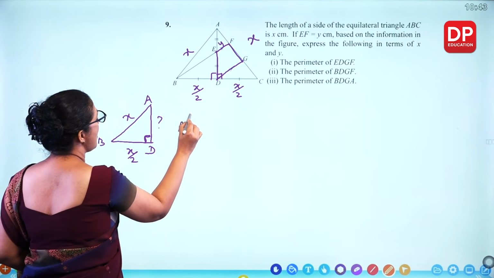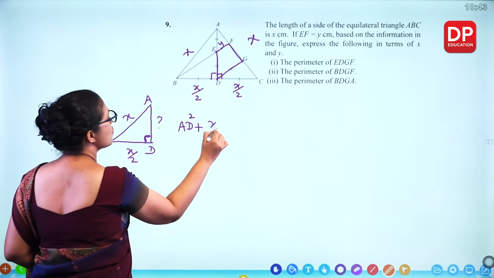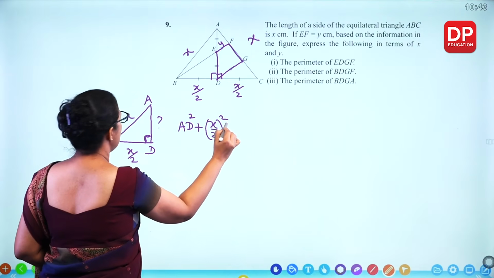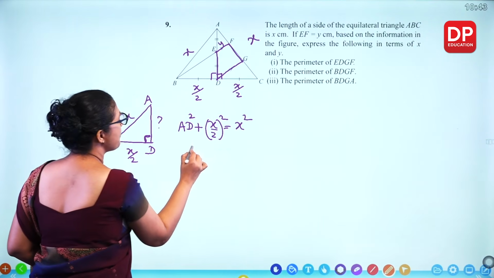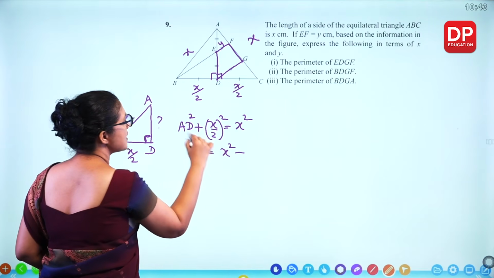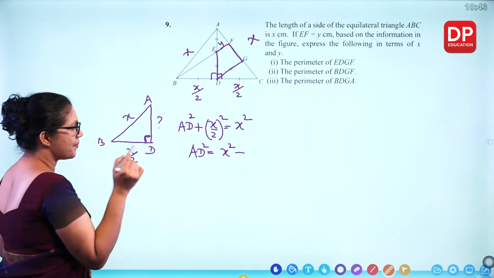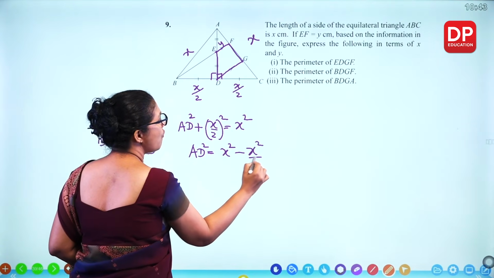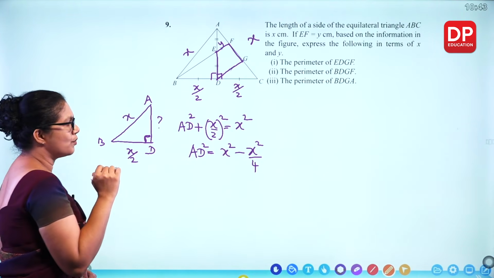So AD squared plus x over 2 squared is equal to x squared. So AD squared is equal to x squared minus, taking it to the other side, x squared over 4. 2 squared is 4.